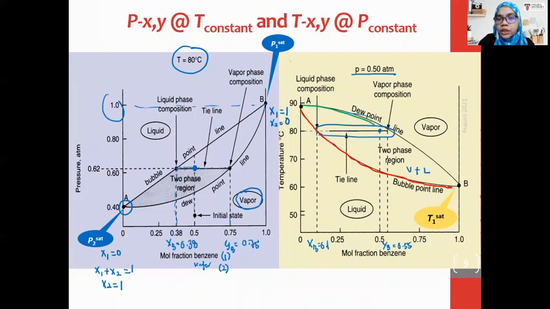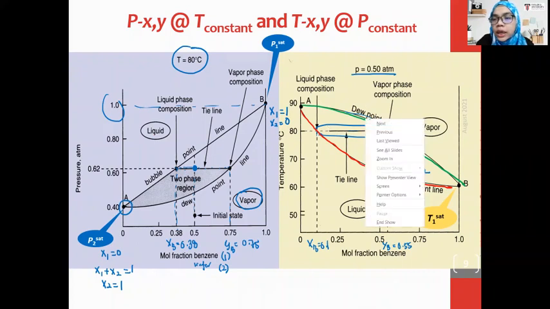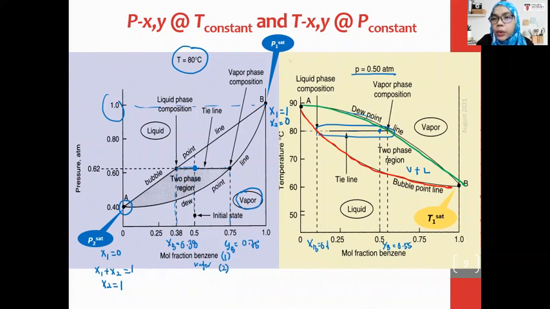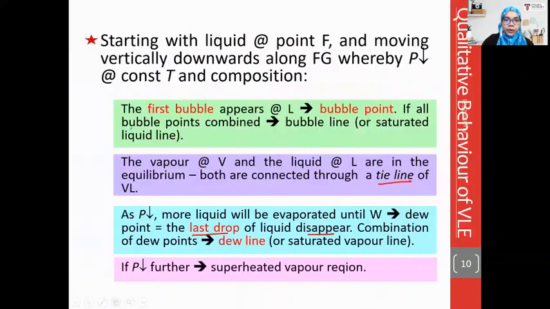So the combination of dew points gives us the dew line. The dew point is when we have the last drop of the liquid. For example here, if we increase the temperature more, we will have this vapor phase. So the last drop of the liquid here, before it proceeds to the vapor phase, is known as the dew point.